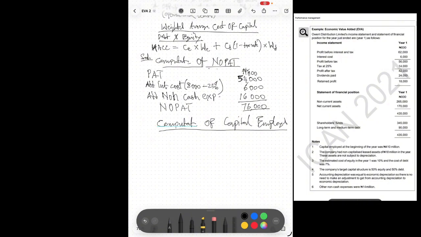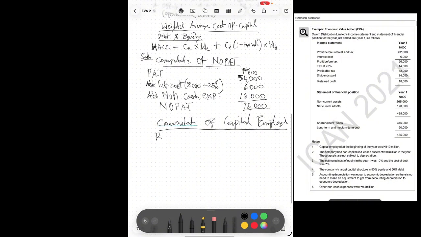Capital employed, from the book we are told, remember we said book value. So what we have here is the book value of total assets. Capital employed can be calculated in various ways. We have different approaches to calculate it.